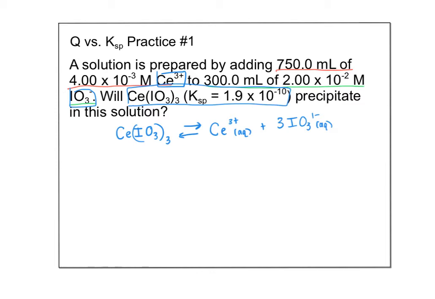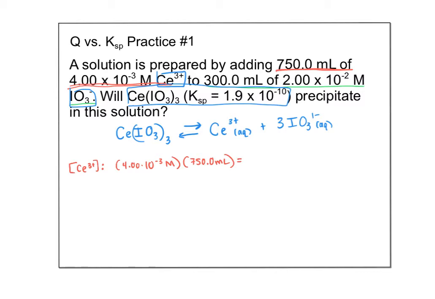Now what we need to do is that first step, and find the new concentration of each ion. Here is my first one. We want to find Ce3+. I started with a concentration of 4 times 10 to the negative third molar and 750 milliliters.